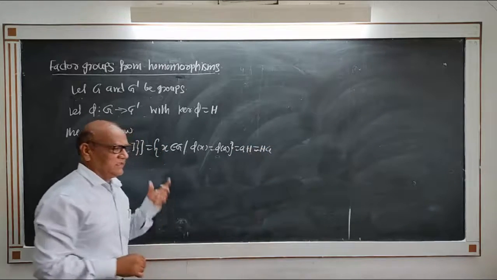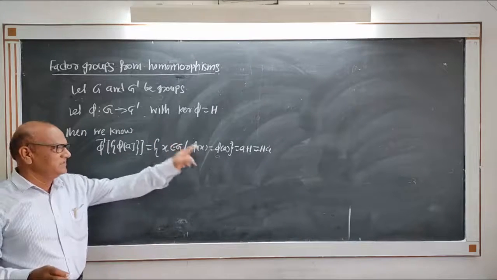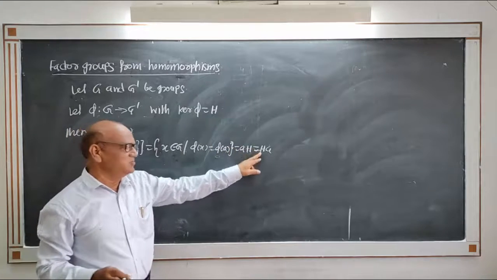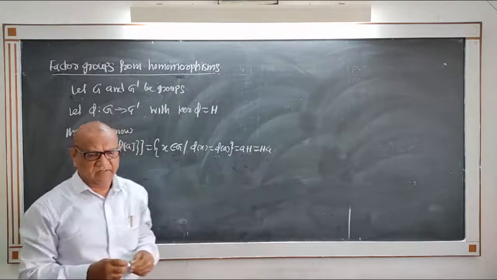That means if H is equal to kernel phi, then this set is equal to the left coset of H as well as the right coset of H.